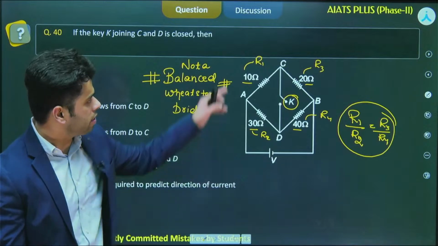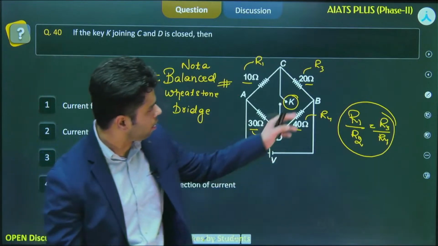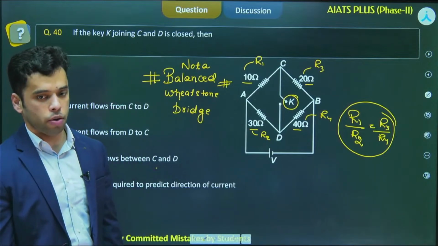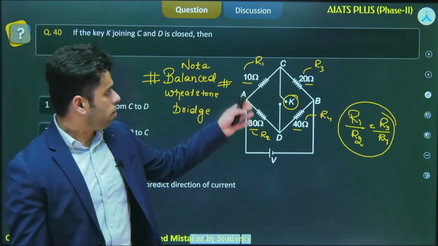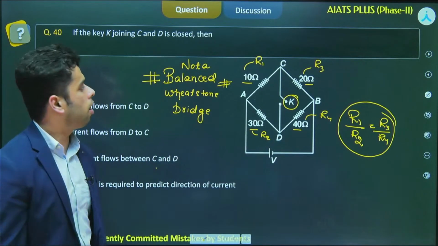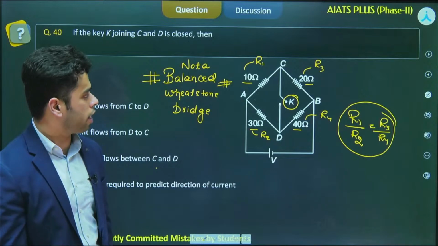But obviously you can see that R1 by R2 is 1 over 3 and R3 by R4 is 1 over 2. So this is not a balanced Wheatstone bridge. We need to do some more analysis to figure out the direction of current.